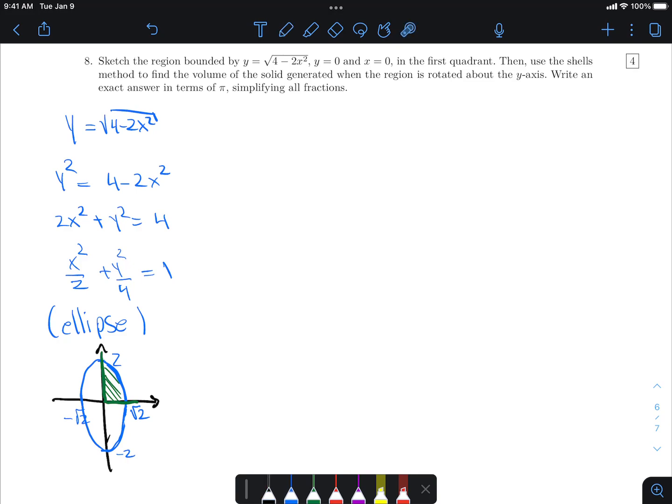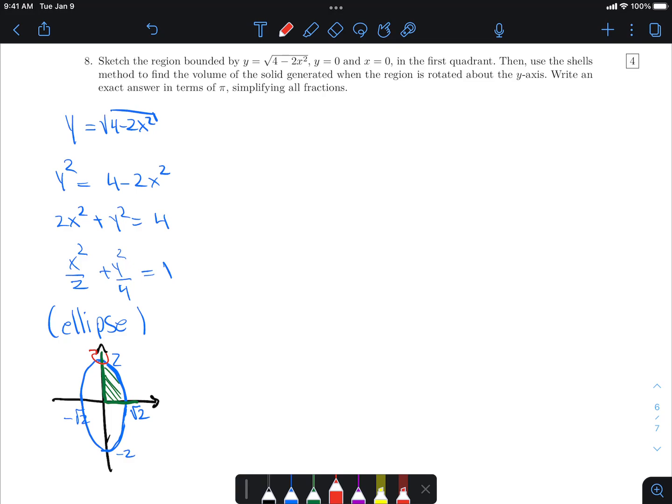So we're now trying to find the volume of the solid generated when the region is rotated around the y-axis. So we're rotating that around the y-axis like this. We could do this in many different ways. I feel like the disks method maybe would be easier.